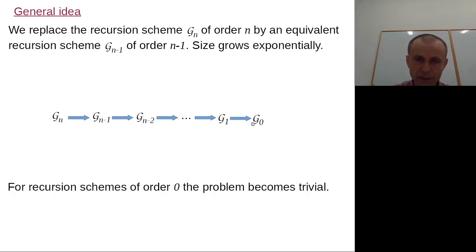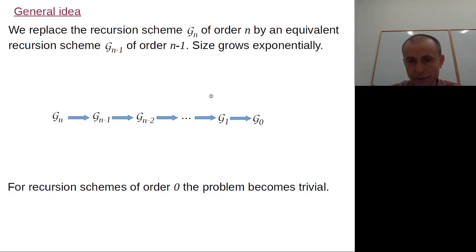Now, having this preprocessing, we just have to solve this reachability problem. The general construction of my algorithm is that we have some transformation that takes a recursion scheme of order n and generates a recursion scheme of order n-1. We repeat this transformation many times until we reach a recursion scheme of order 0.